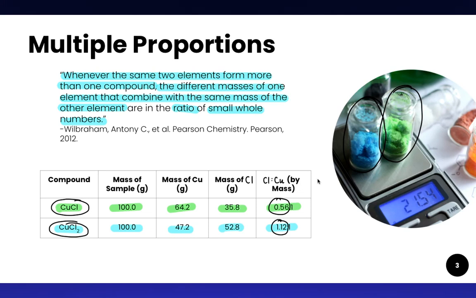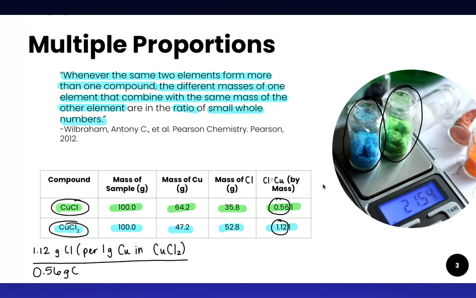So we'll take 1.12 grams of chlorine per 1 gram of copper in copper 2 chloride, and let's divide that by 0.56 grams of chlorine per 1 gram of copper in copper 1 chloride.